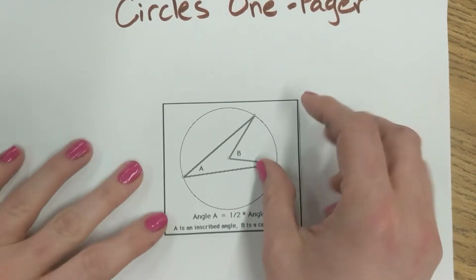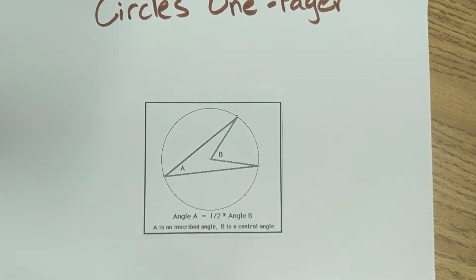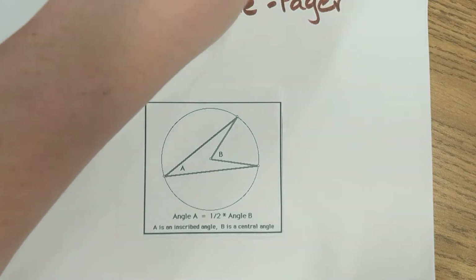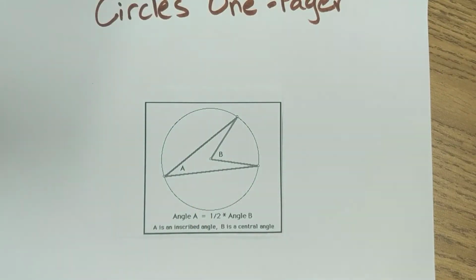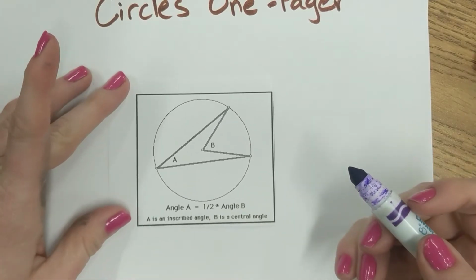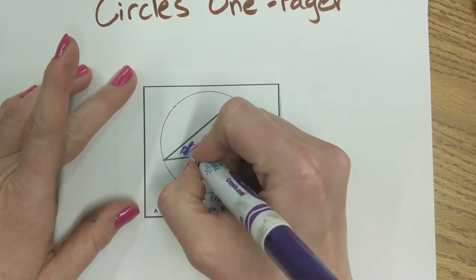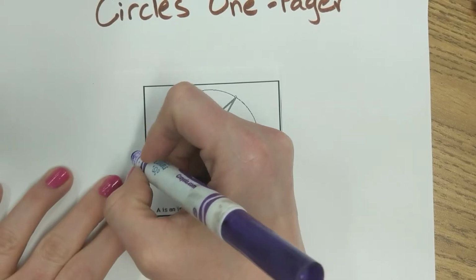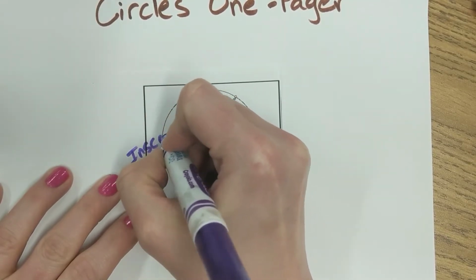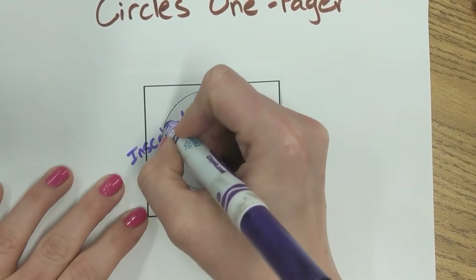So the first one says that angle A equals 1/2 angle B, which is true. An example would be if I tell you that this angle here is 25, that's called an inscribed angle.